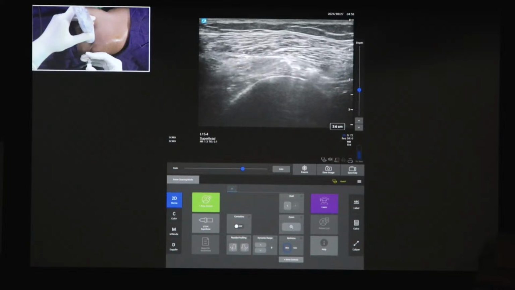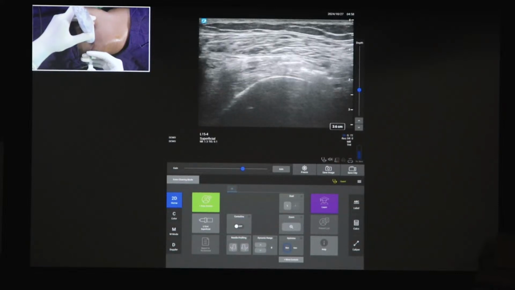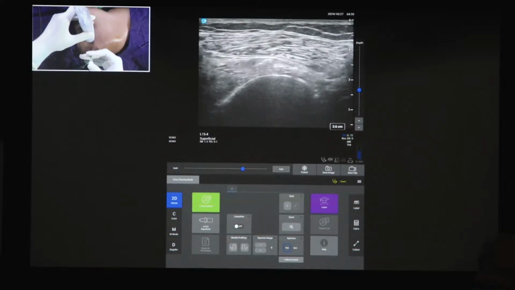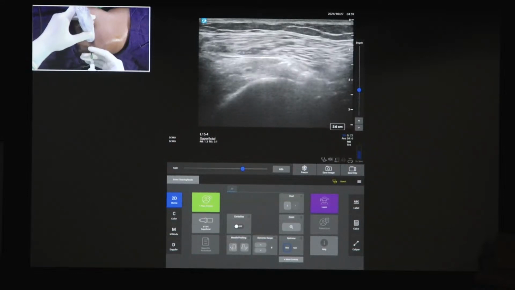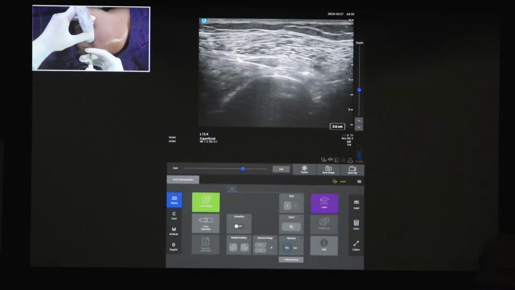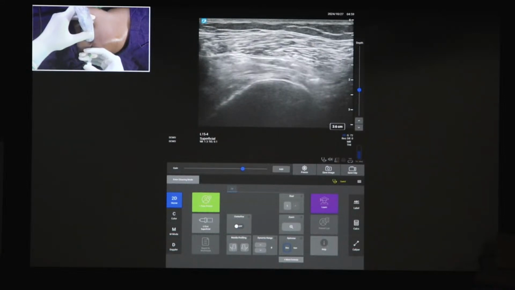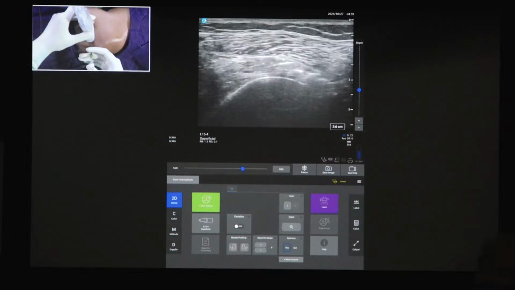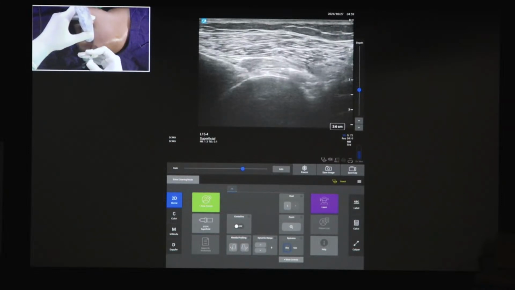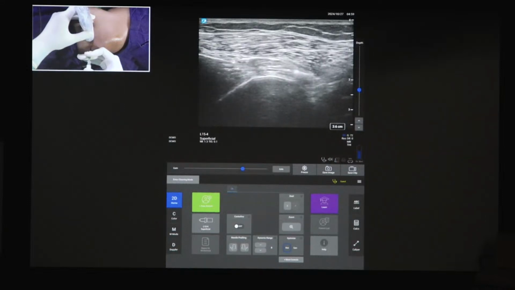That is the genicular artery. So now I think we are close to the pulsation there.